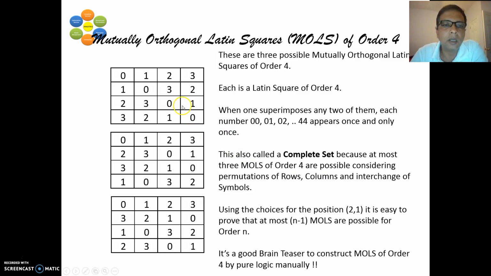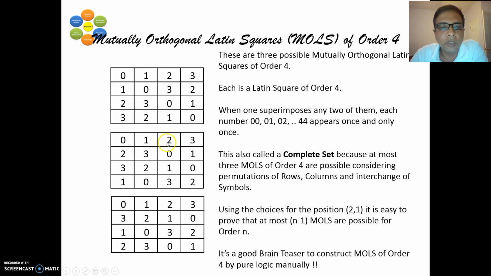Now these are Latin squares of order 4. They all have the property that whenever, say, 3 appeared in this position, the 2 3 position, in this row or in this column it won't appear anymore. And this is true for all the three arrangements. So all of them are Latin squares of order 4, and they are mutually orthogonal.